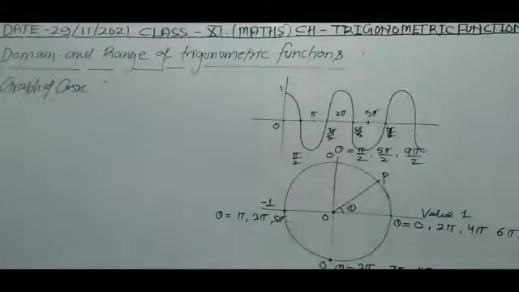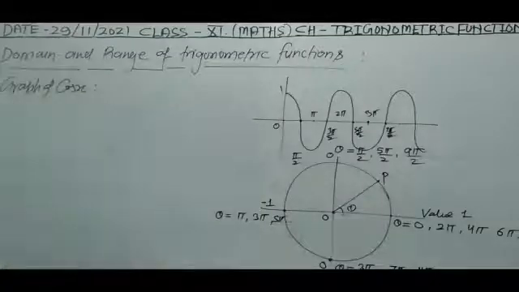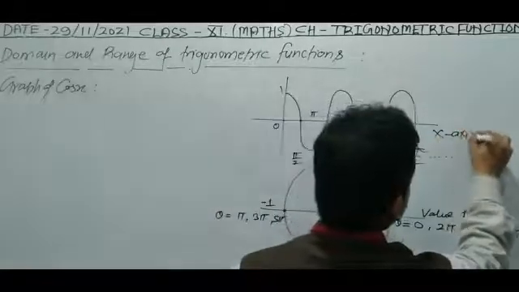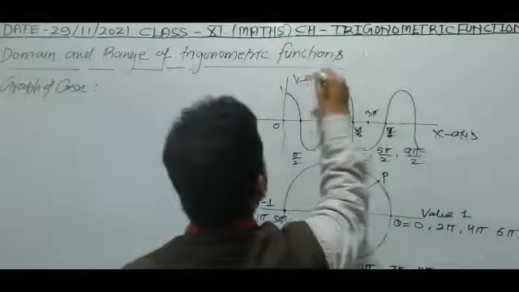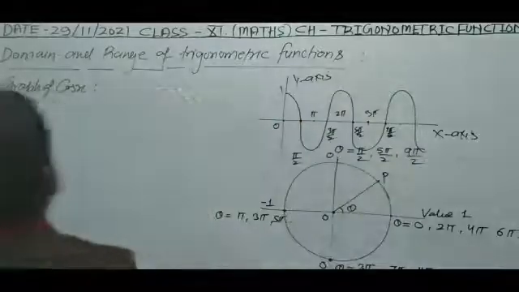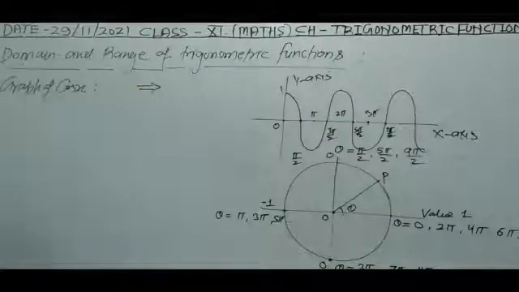Now from this graph it is clear, this is x-axis, this is y-axis, this is intersection origin. Now the graph of cos x is clear as shown in the figure.